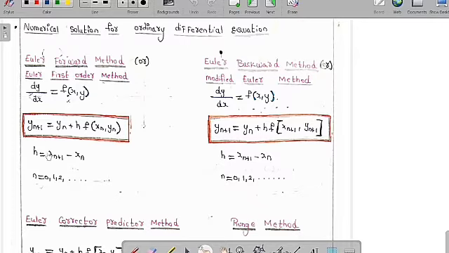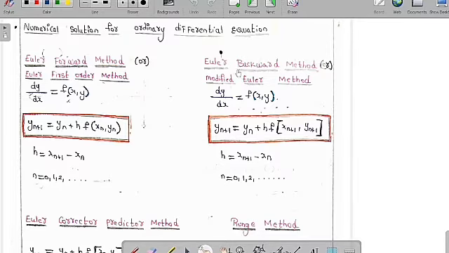Here h is always xn plus 1 minus xn, and n goes from 0, 1, 2 up to infinity. If you know x naught, y naught, then by using this formula, for a particular value of x1, we can easily figure out the value of y1 for this differential equation.